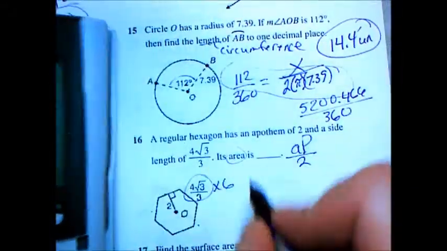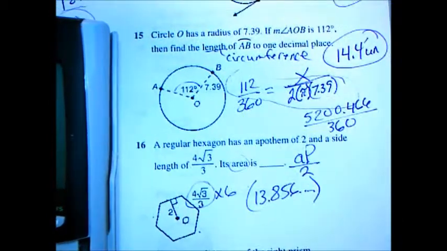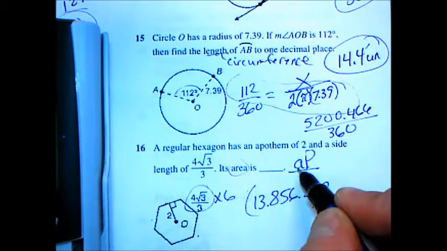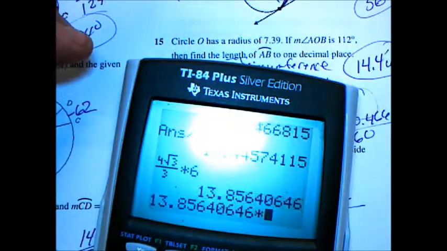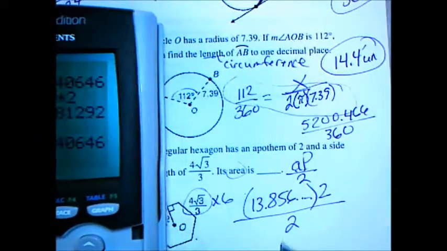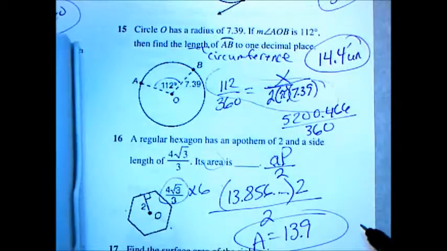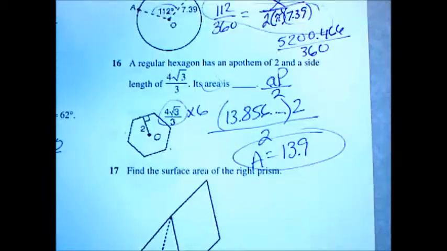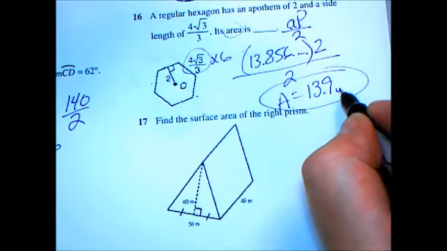Okay, that gives me 13.856 and on. That's my perimeter. We'll multiply it by 2 because that's my apothem, and then divide by 2. And that means the area is 13.9. That would just be units.